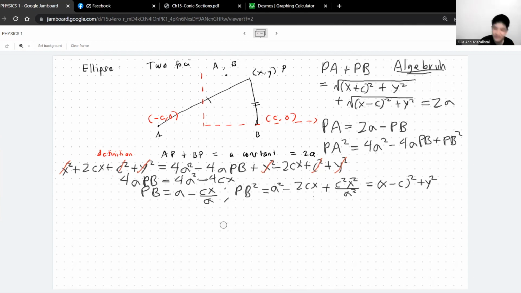Tsaka po pala, di ba pag yung ellipse, dalawang thumbtack, gaganon din. Is there a simple way of making a hyperbola? Wala akong alam na simple way of graphing a hyperbola kasi yung definition niyan, the difference between distances is a constant. So, how do you do that?